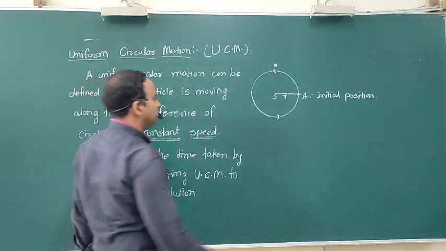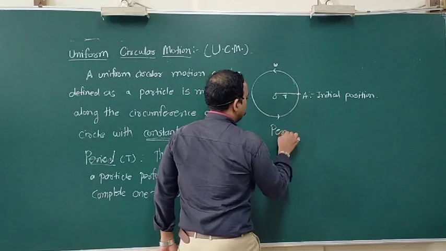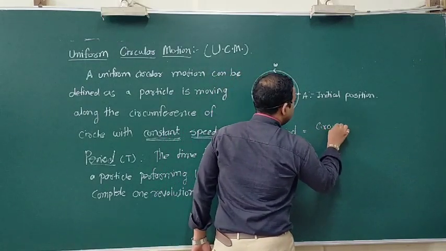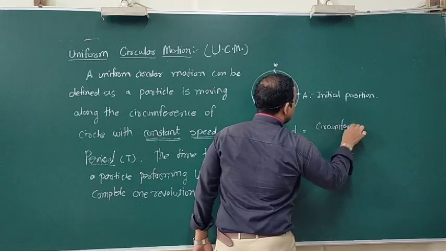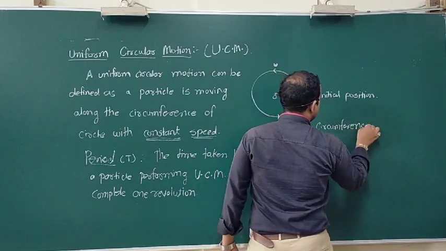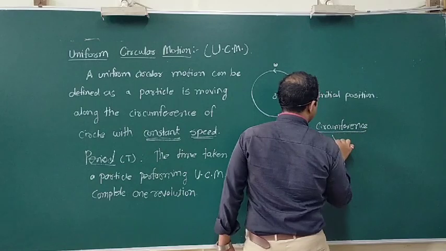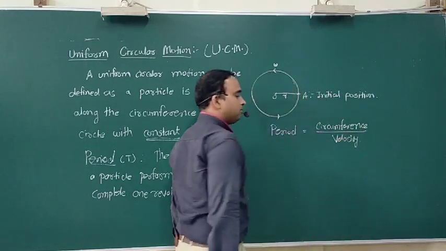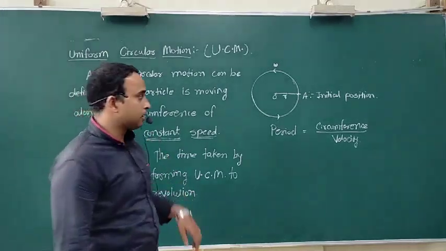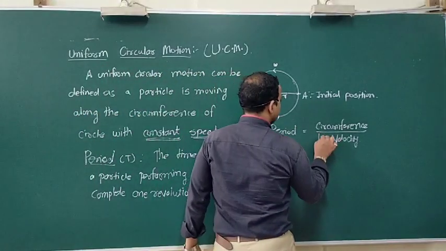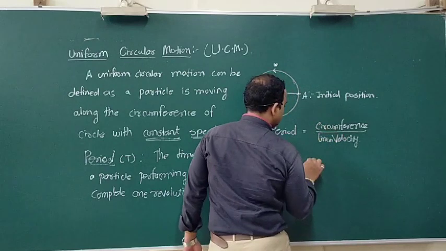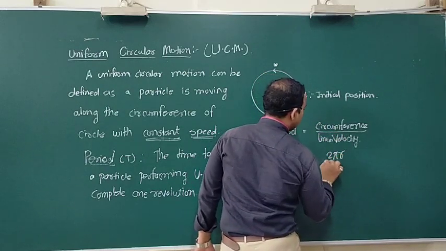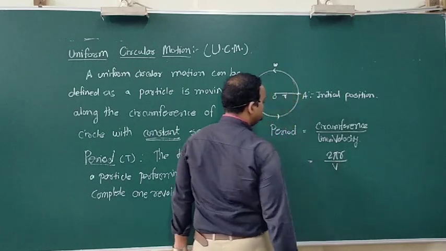Now see here, the formula for period. Period is equal to circumference upon linear velocity. The formula for circumference is 2πr and the linear velocity is v.